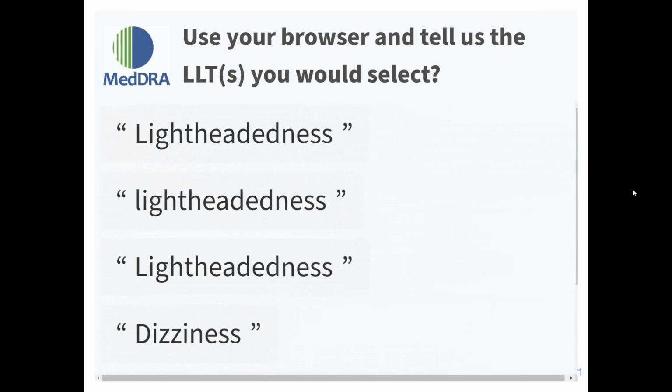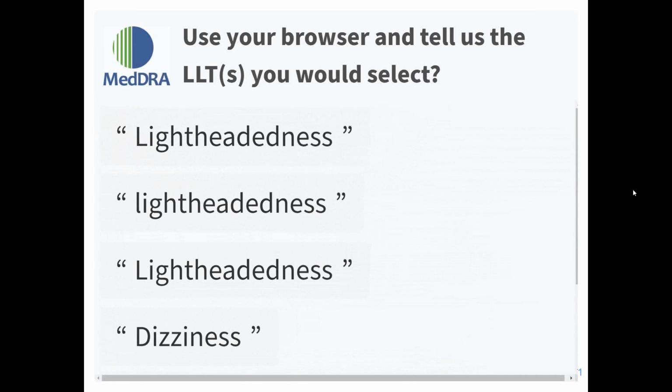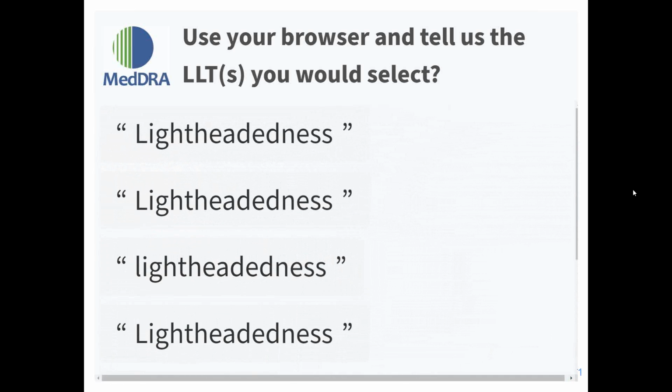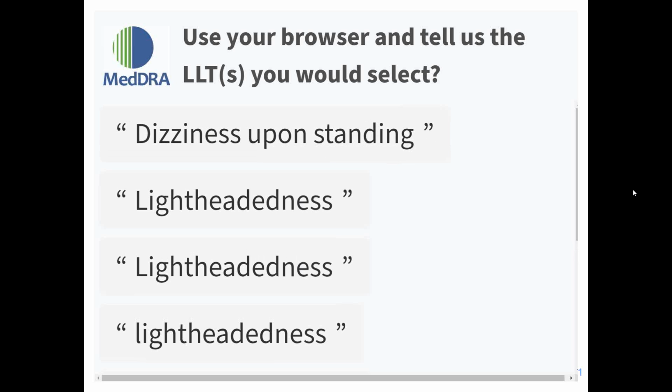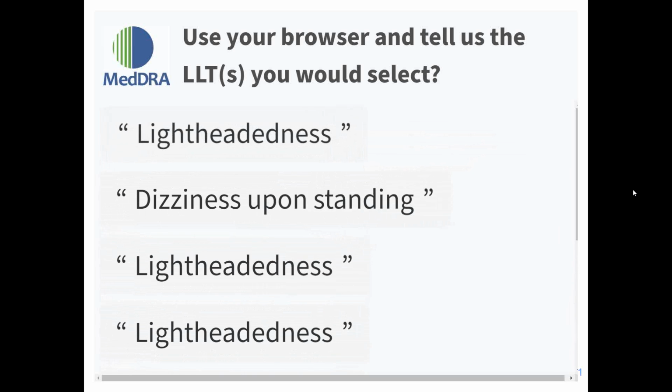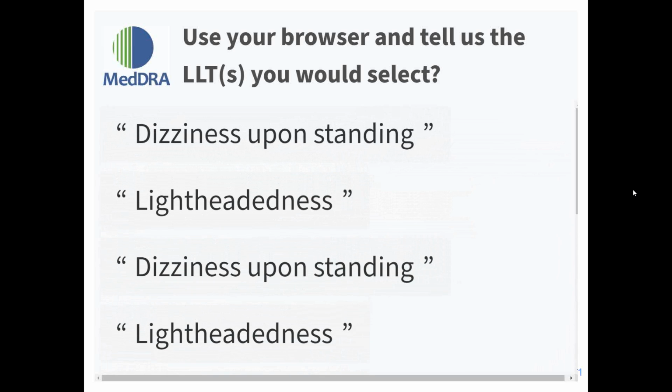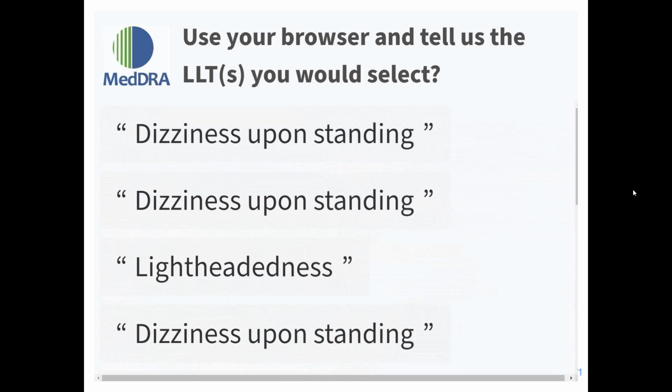It's always useful to check the hierarchy in MedDRA in order to see what is considered a separate medical concept and what is subsumed under terms like dizziness, for instance. And always look at the neighbors in order to look for more specific terms for the reported condition. Dizziness upon standing, yeah.